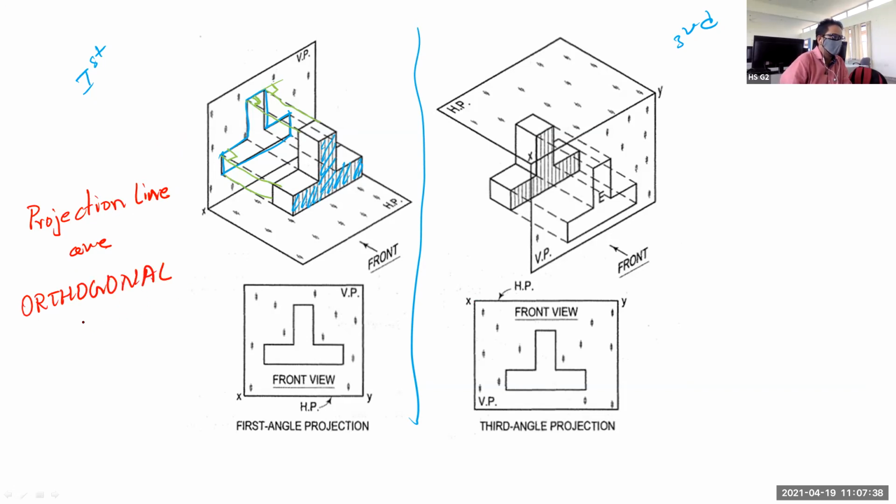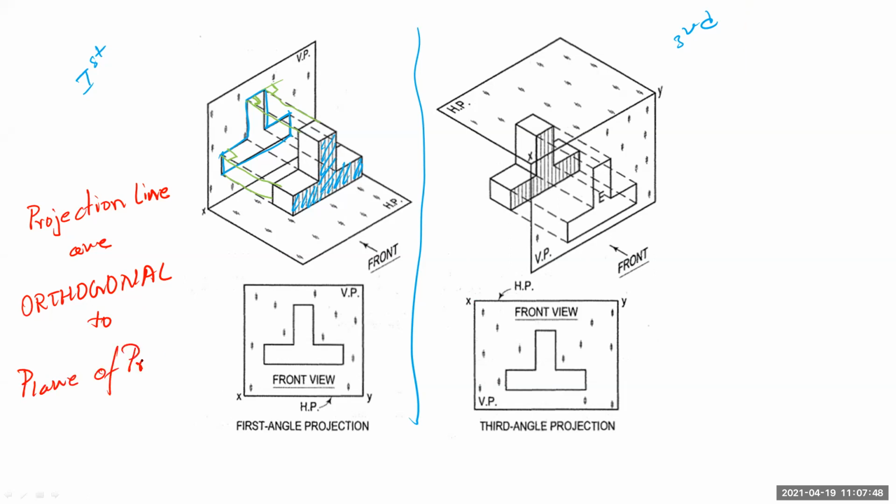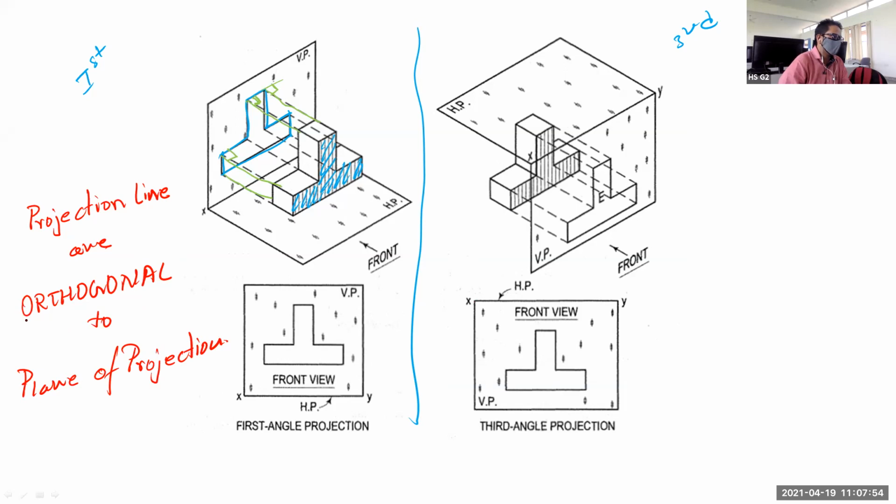Projection lines are orthogonal to your plane of projection. Since they are orthogonal, it means they are perpendicular. Okay, this orthogonal means they are perpendicular. So you can see here the line of projection is making perpendicular or 90° with your plane of projection.